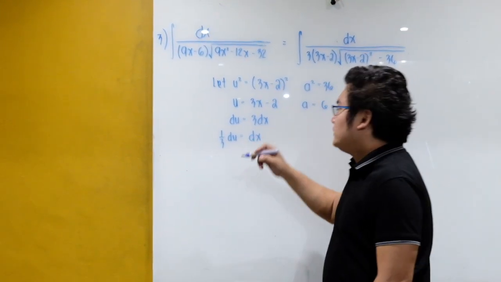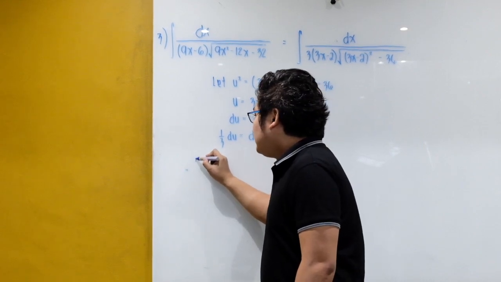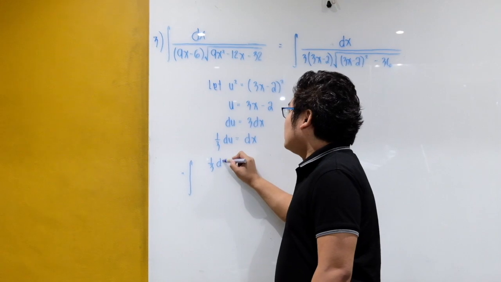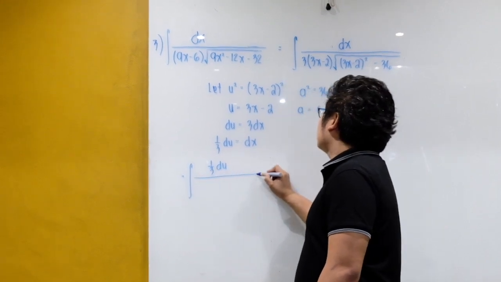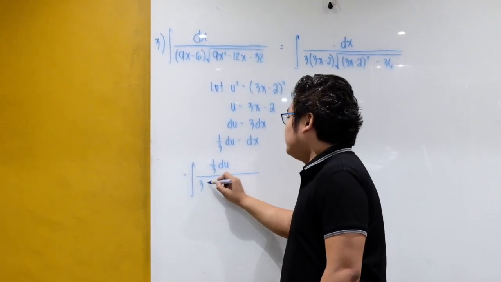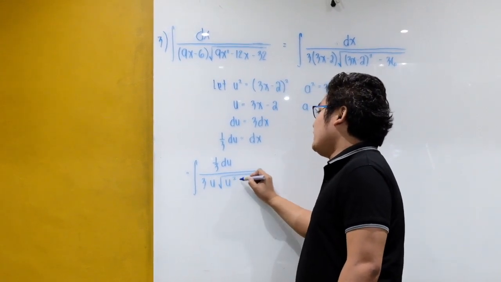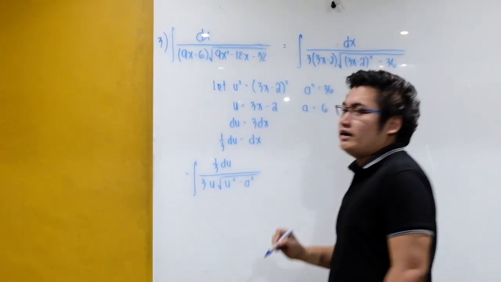So our equation now will become the integral of 1/3 du over 3 multiplied by u square root of u squared minus a squared.